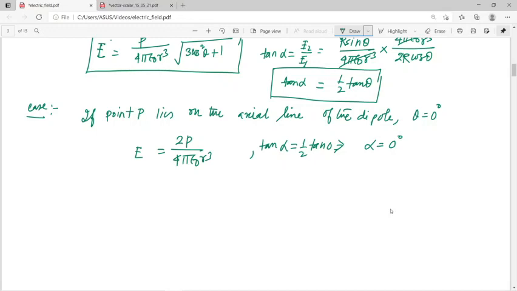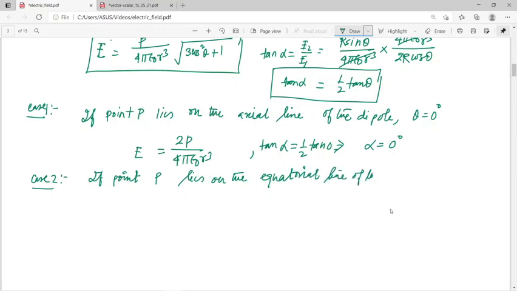Now that is case 1, and for case 2, if point P lies on the equatorial line of the dipole, that means theta is equal to 90 degrees.